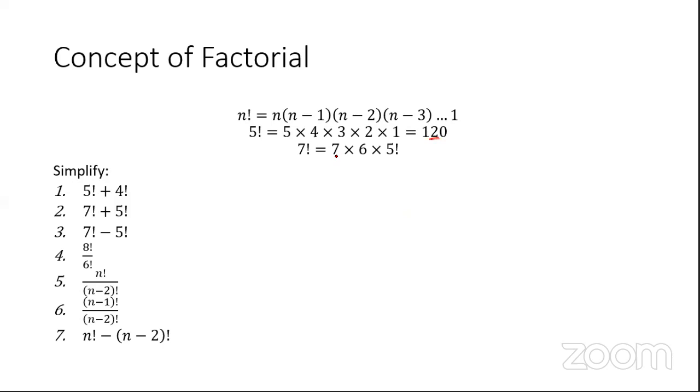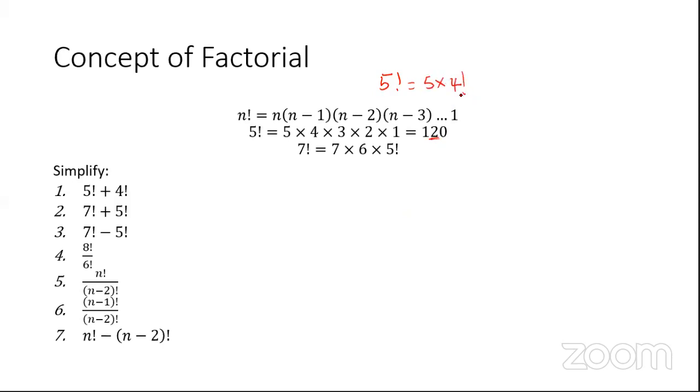Another thing that we also need to note here is that it's not all the time that we need to take it down to 1. If you are not stopping at 1, we must stop at a place where we put factorial. For example, 5 factorial is the same thing as 5 times 4 factorial.